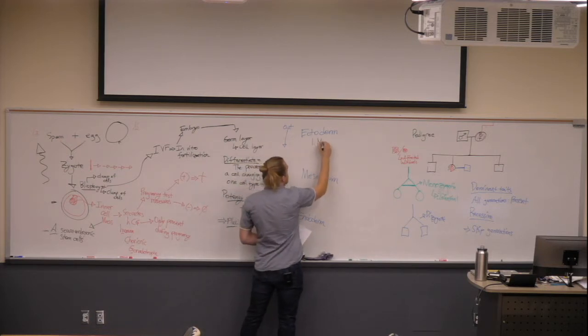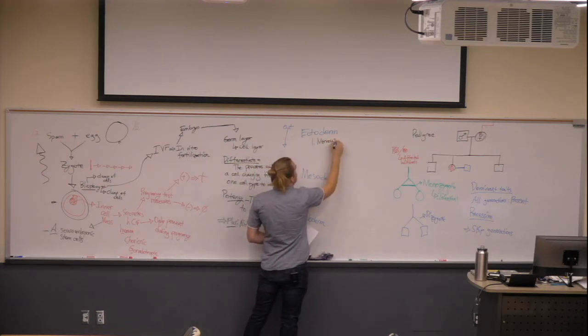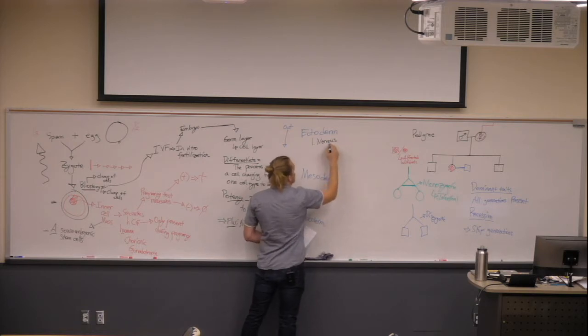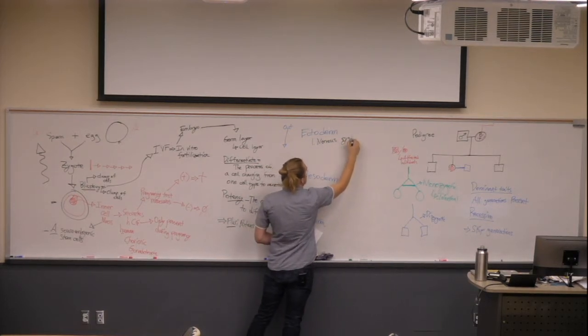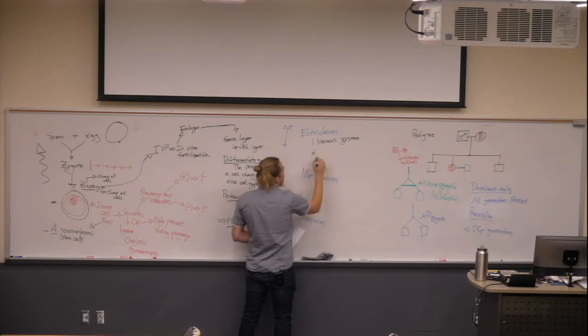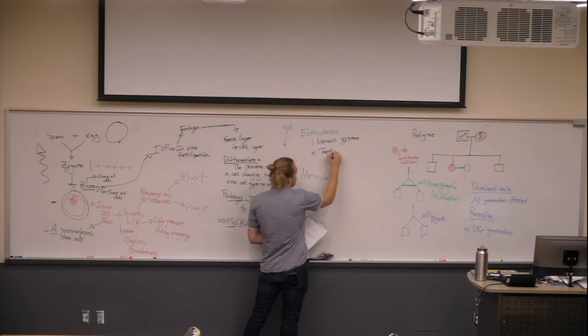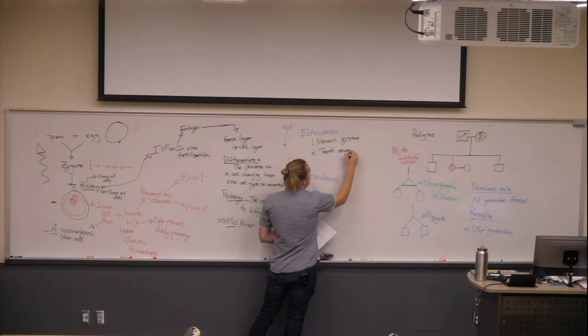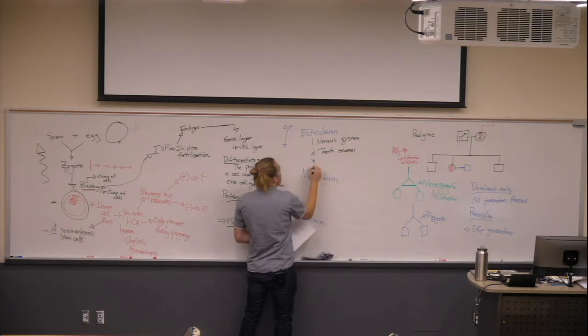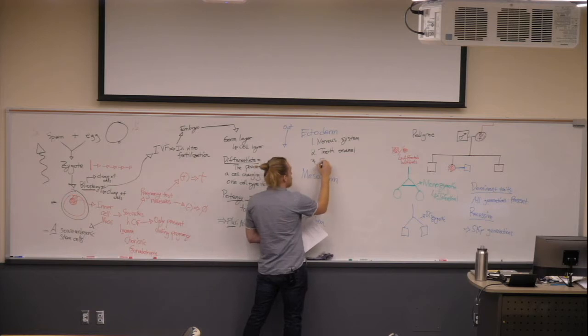The first is nervous tissue, the nervous system. In addition, tooth enamel. And third, the epidermis.